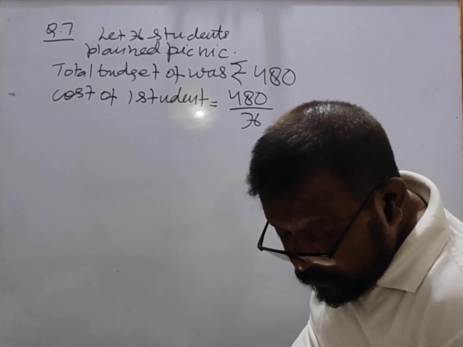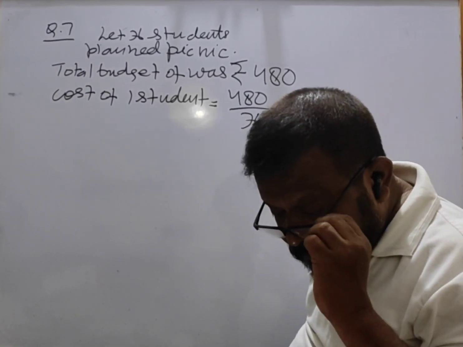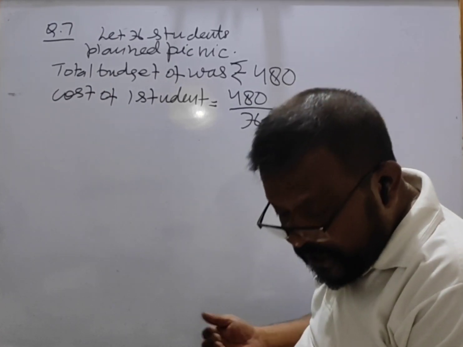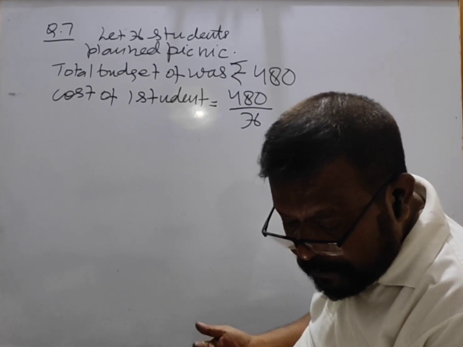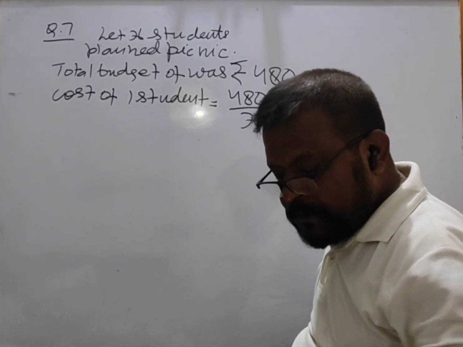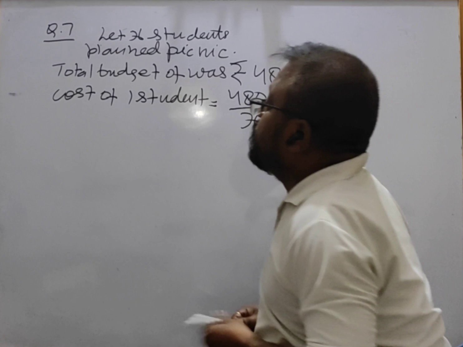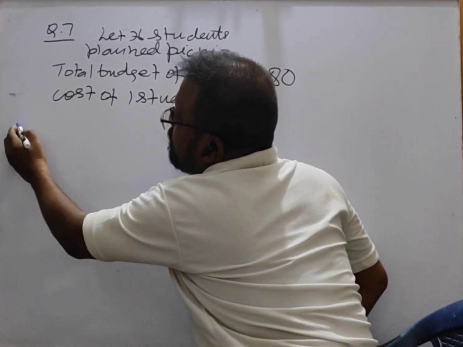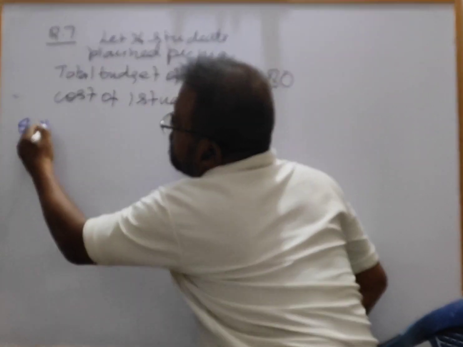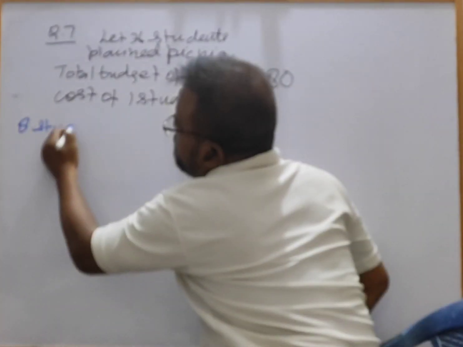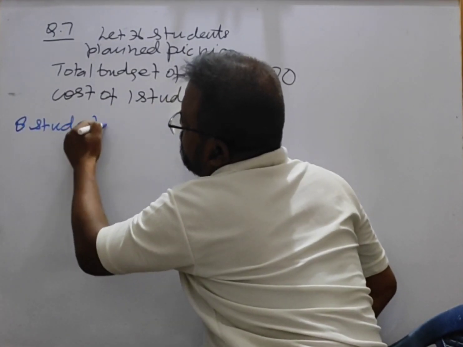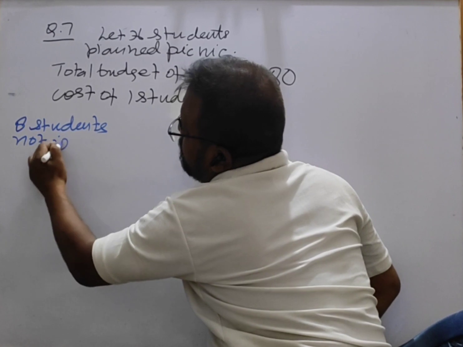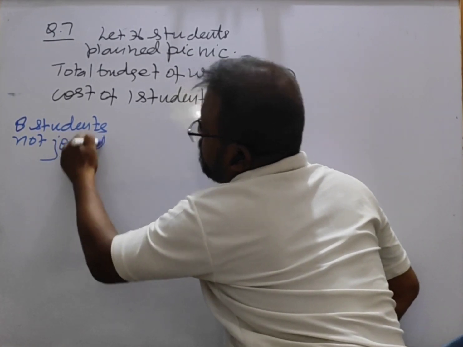Now, eight students failed to join the party. It means eight students did not join, right?